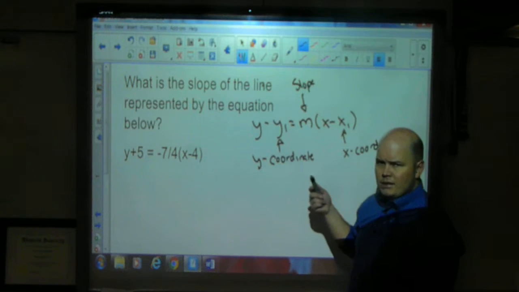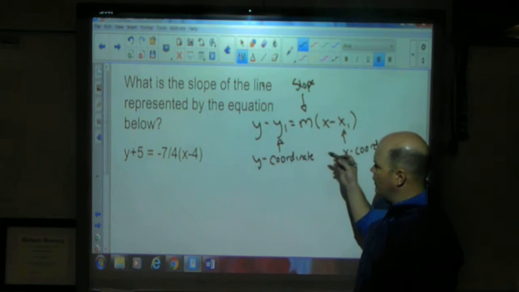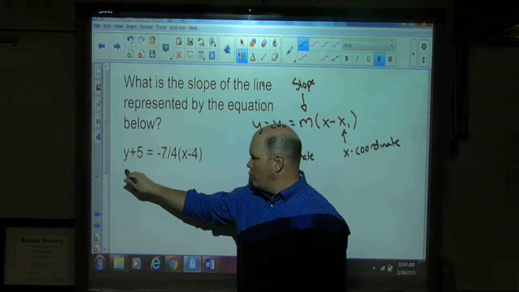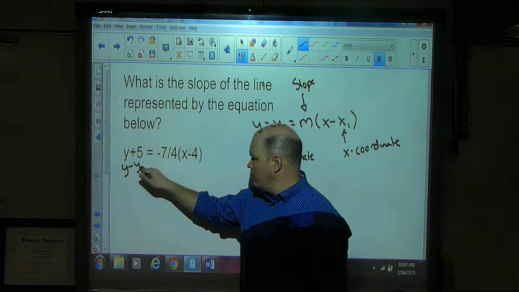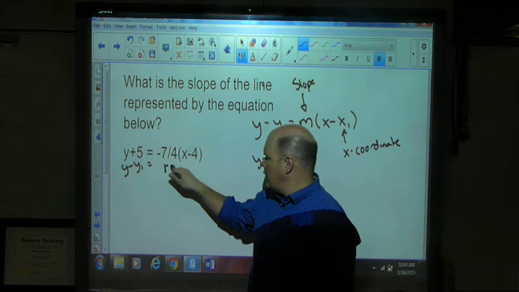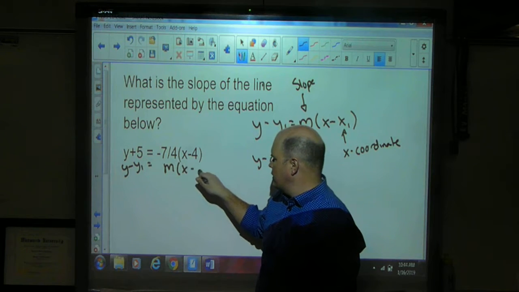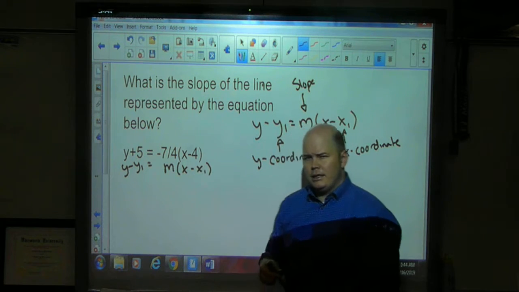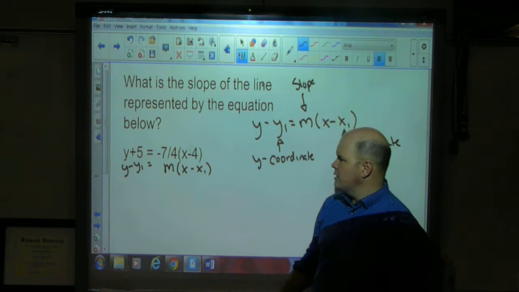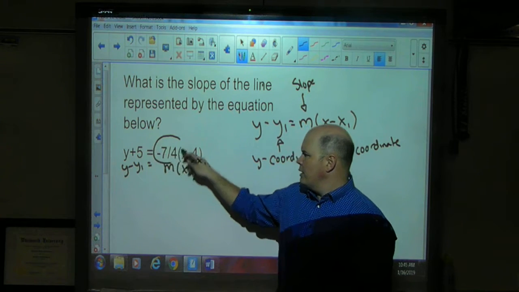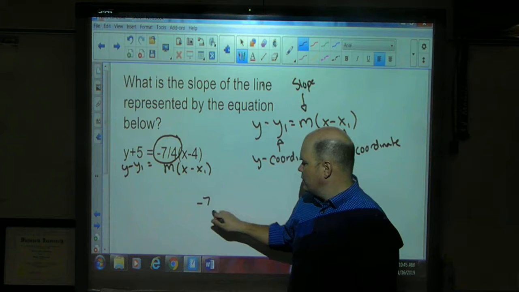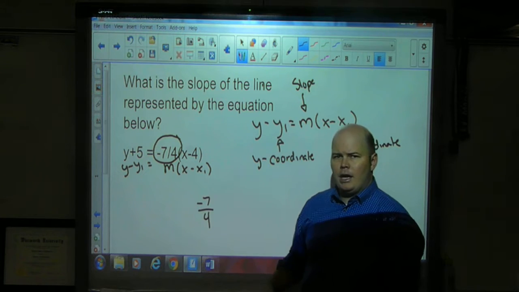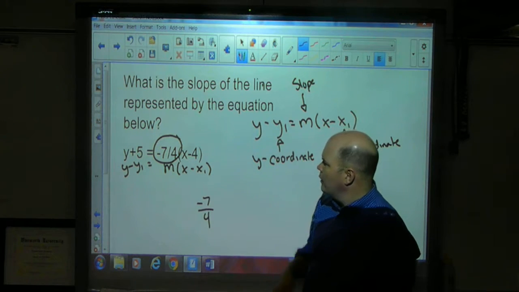So when it asks me what is the slope, well, when I'm looking, I can rewrite underneath this y minus y1 equals m times x minus x1. And I can see just from looking at that at this point that my slope is going to be negative 7/4, because that's what's occupying the m position of my equation.